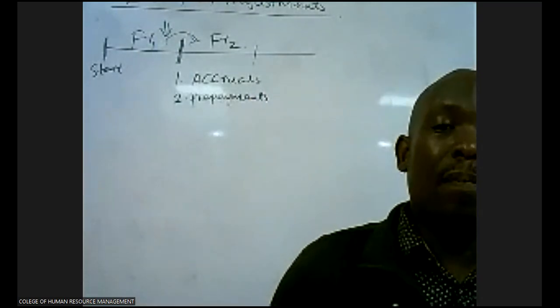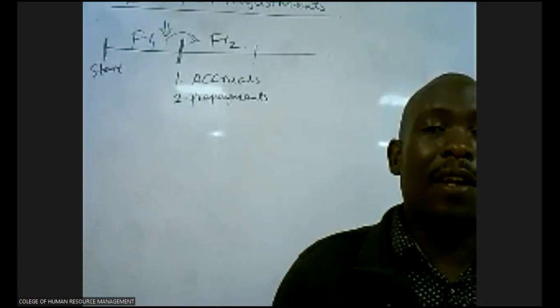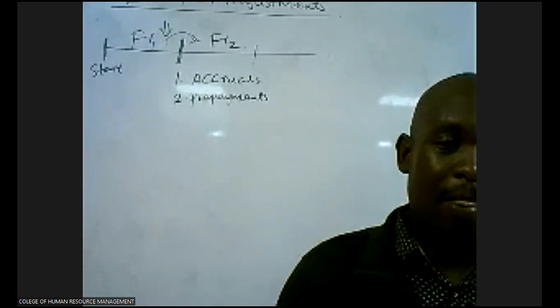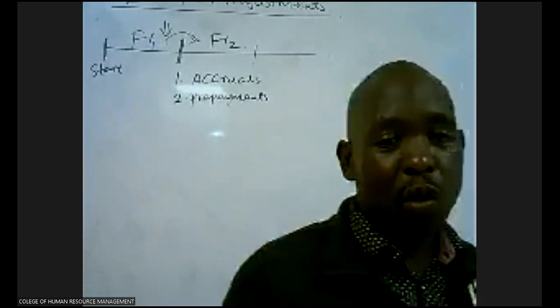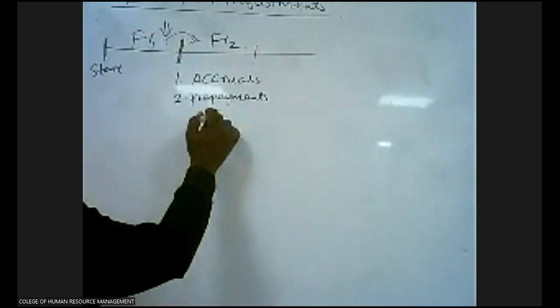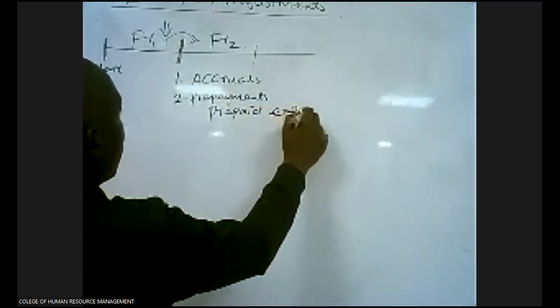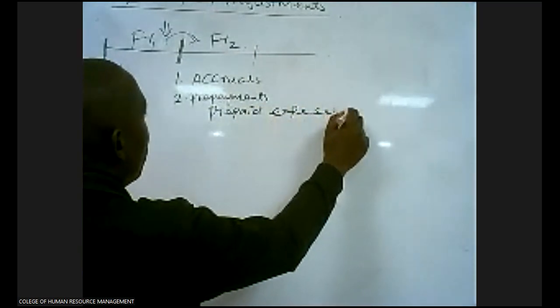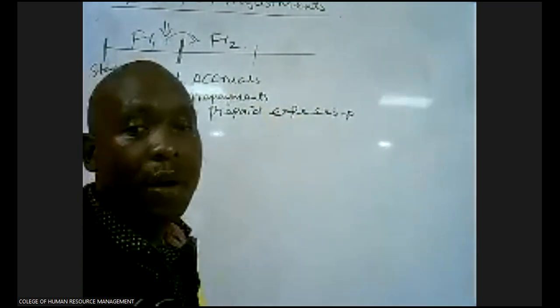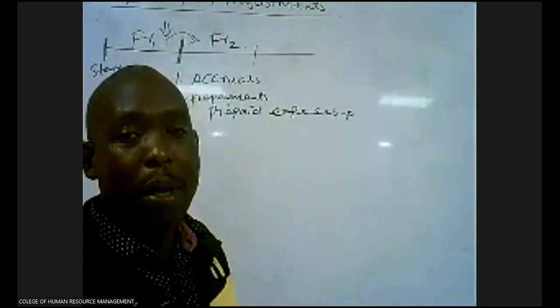So actually, the person who has paid is like he's going to demand a refund. So under the prepayment also, we are going to have the prepaid expenses. When we talk about a prepaid expense, it is an expense that we have paid more than what we were supposed to pay.